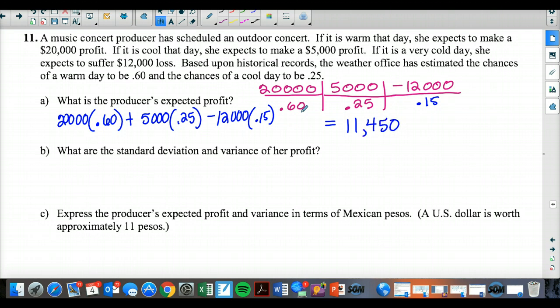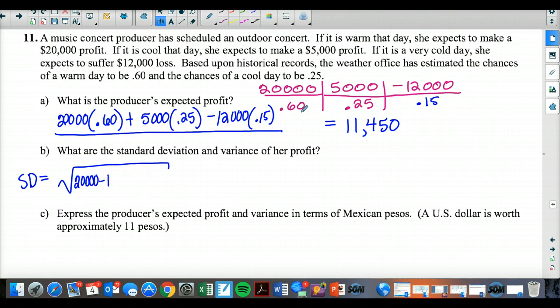And you have to show this work, or at least some of this work. Then you must show work for the standard deviation, but you do not have to show a lot. So standard deviation is equal to the square root of 20,000 minus the mean, squared, times the probability, plus ... and my answer is 11,693.91.